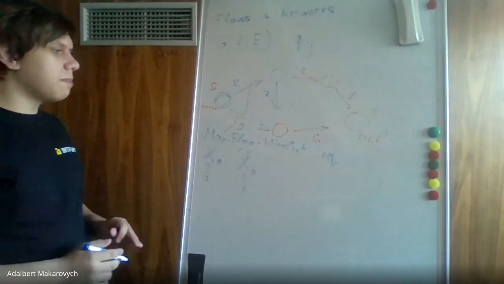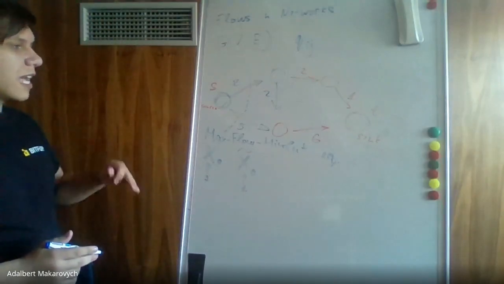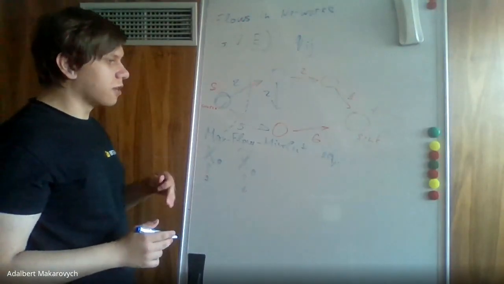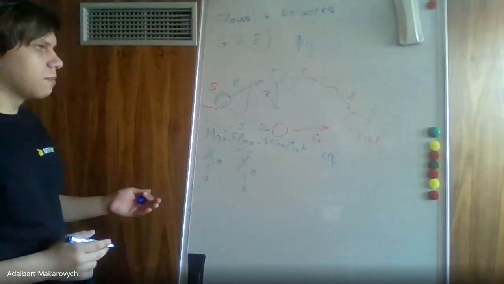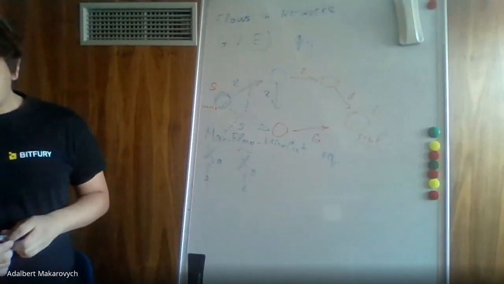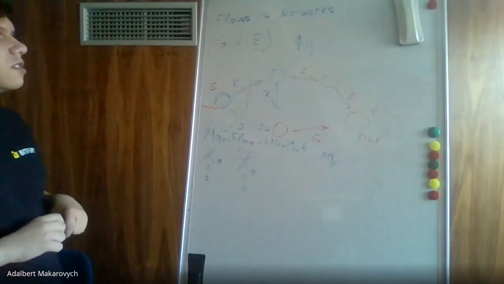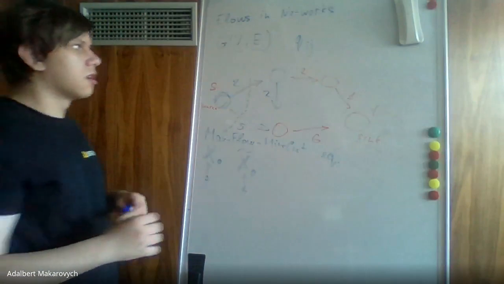The next step is to show that in every graph we can construct a flow whose value will be at least the min cut. So let's show an algorithm for how to achieve this.